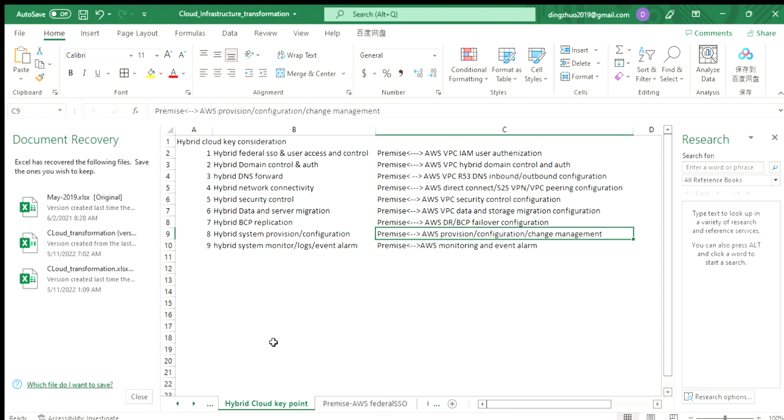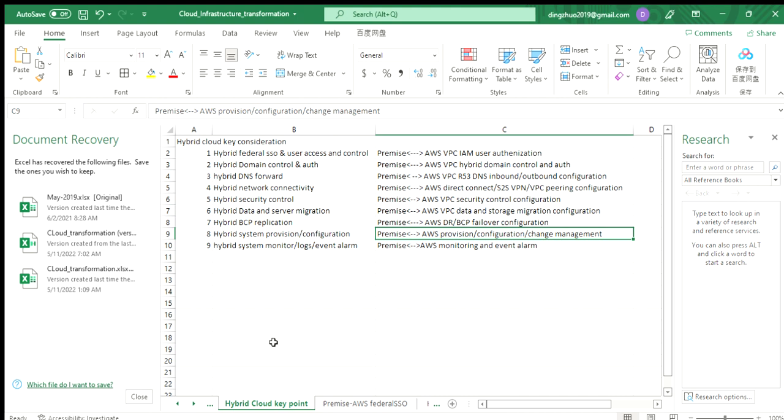And again, due to the nature of the VPC, we can have public, private, and transit, so the VPC peering type can also be public, private, and transit.